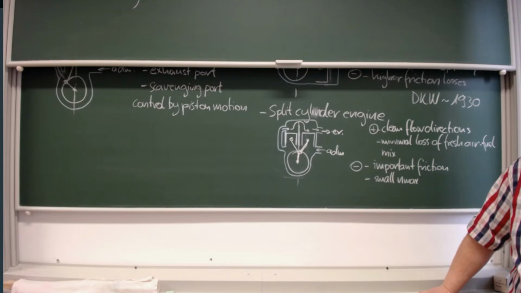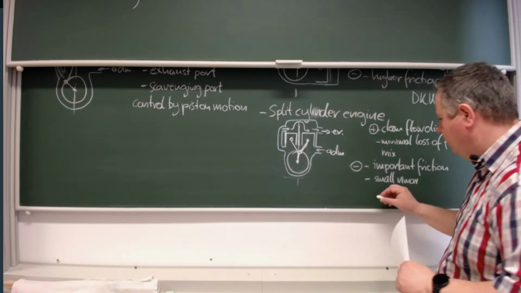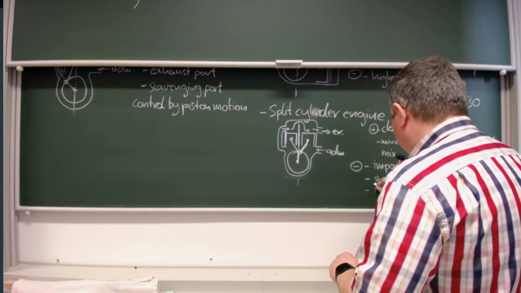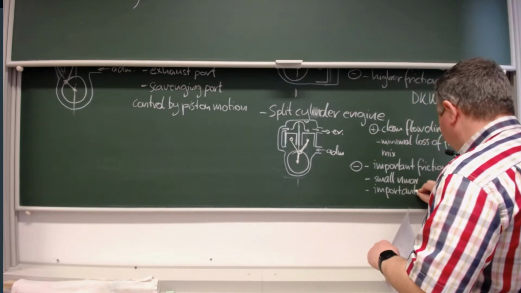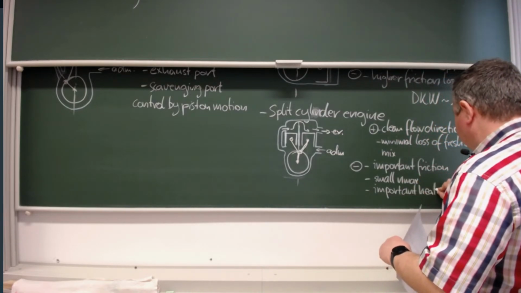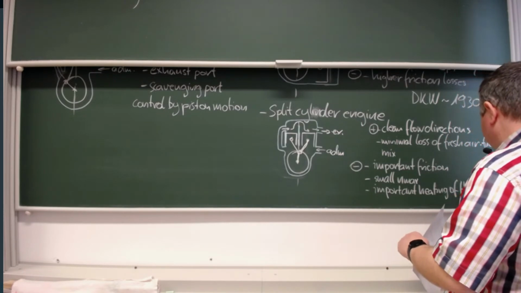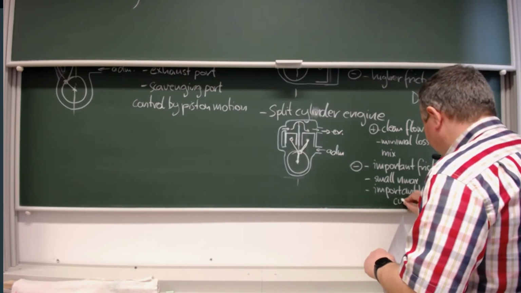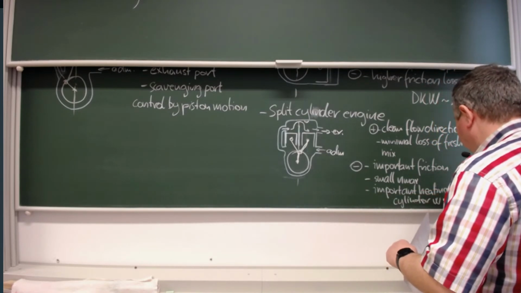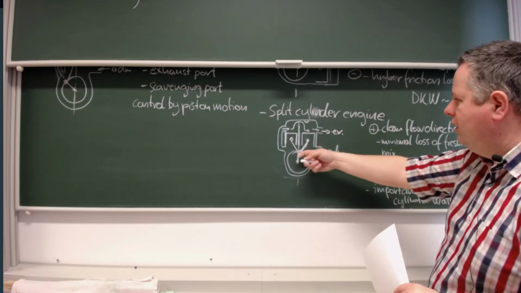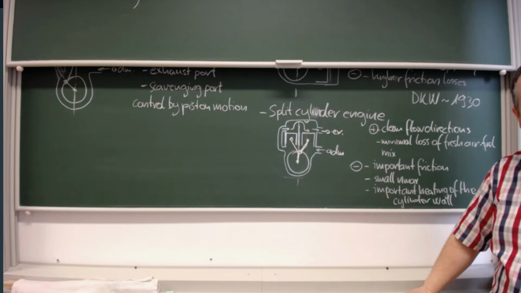It's like a diesel engine, let's say. So a small RPM range. And also important heating of the cylinder wall, because the cylinder wall between the pistons has problems with cooling.